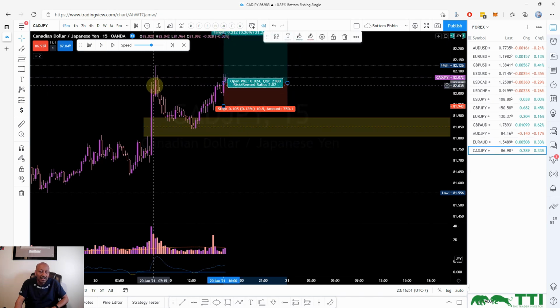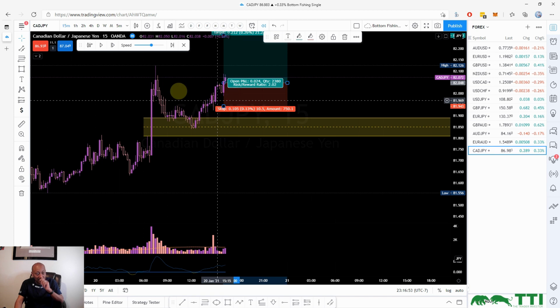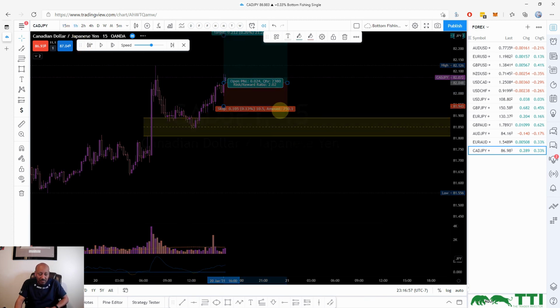So that's my target if I had entered this position. But I didn't see any clean up and down. So because I didn't see any clean up and down, we'll just do this.